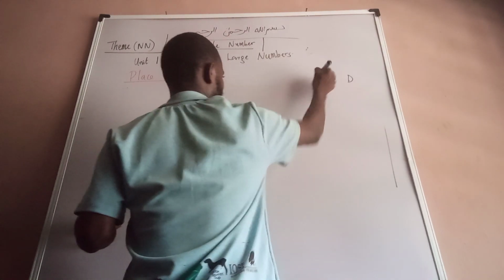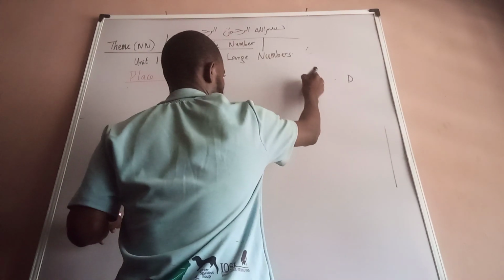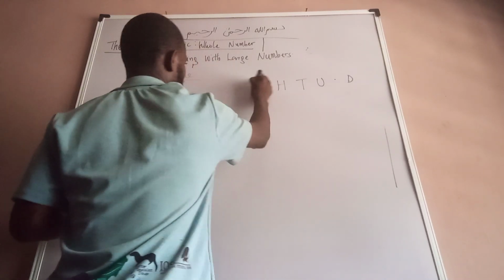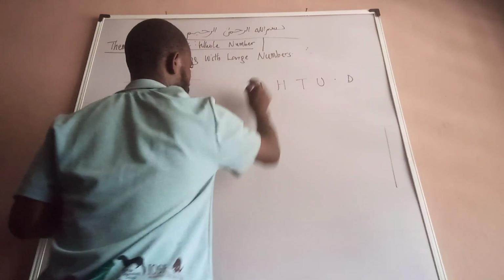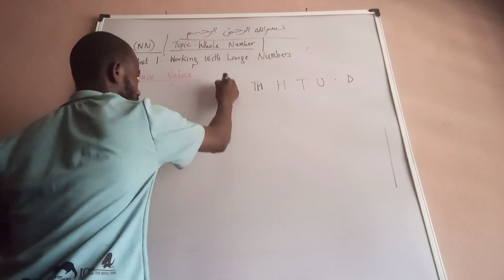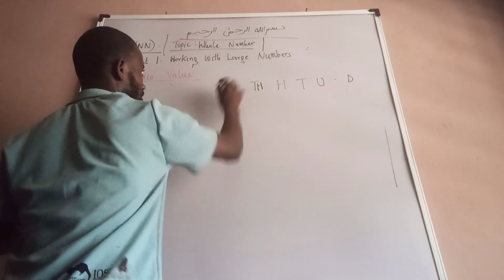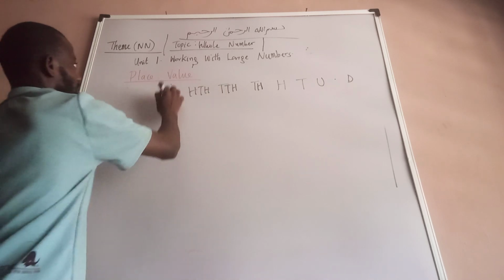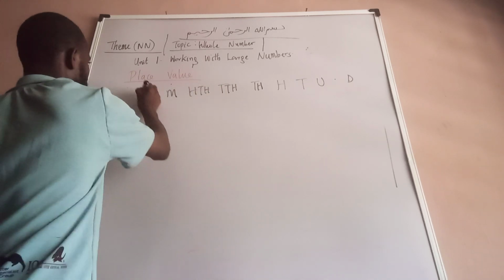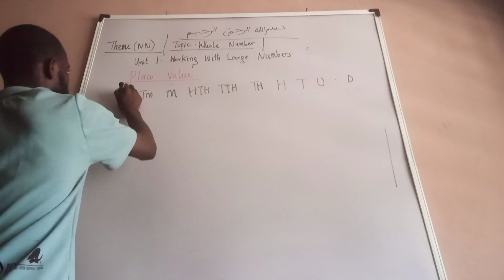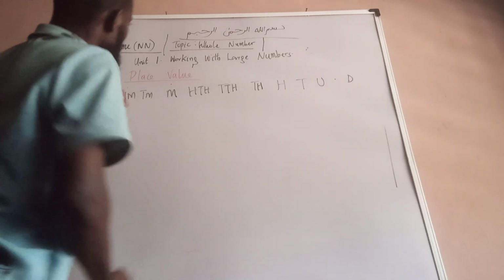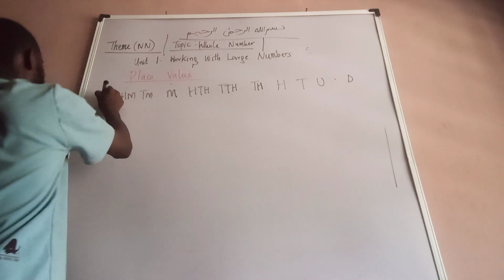You have units, tens, hundred, thousand. Over thousand, you have 10,000, right? 100,000, million, 10 million, 100 million, billion.